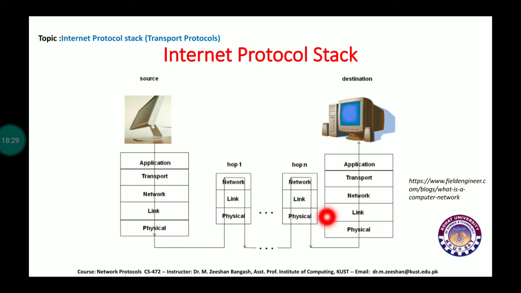At the receiver station, the data is received by the physical layer in physical bit form, and that again is moved in the reverse direction toward layer 2, the link layer, for getting its specific information forwarded to the upward layer, and then it reaches the application layer.